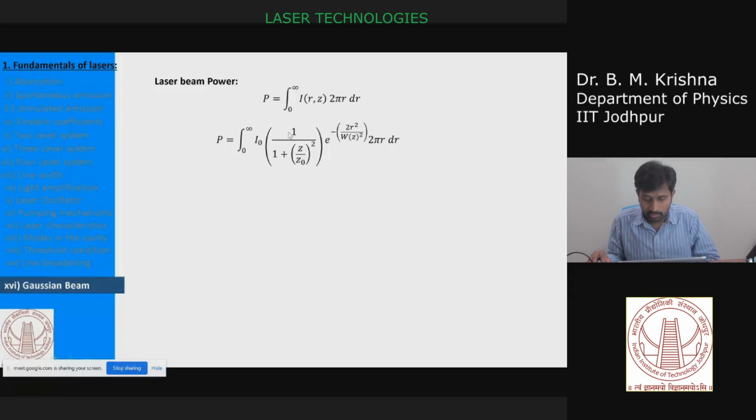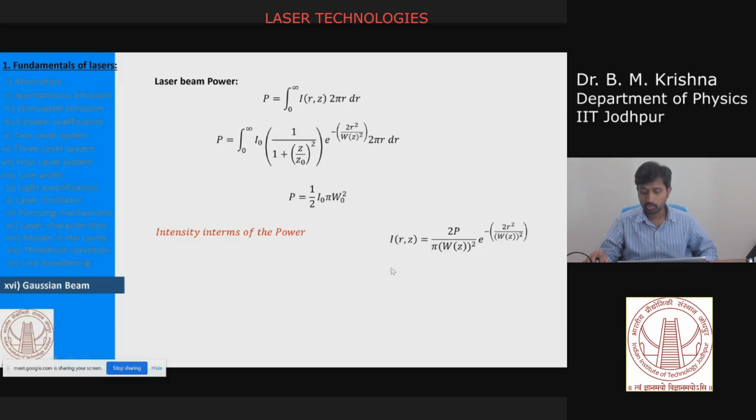Then you integrate, we know what is I of r, z. Solving this, you will get your power as I naught pi omega naught square by 2. So once we get the power, from this we can calculate the intensity. This is the general expression we use to calculate the intensity once we know the power. We have practical power meters to measure the power.